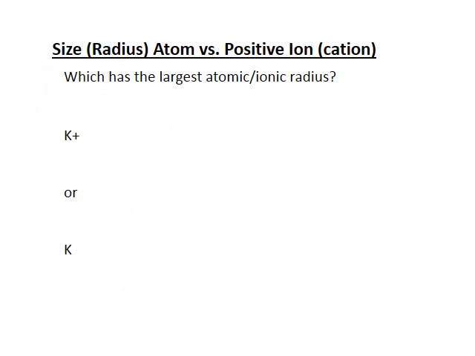There are some other size trends. If I'm comparing any atom, in this case potassium, with its positive ion, so if I steal an electron away from potassium, then I'm going to have one fewer electrons than protons. So that means I have more positive charge than I have negative charge.